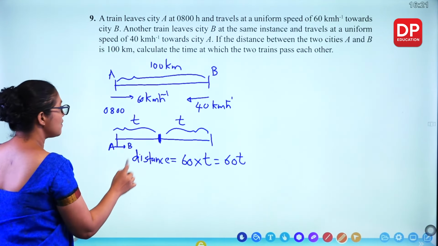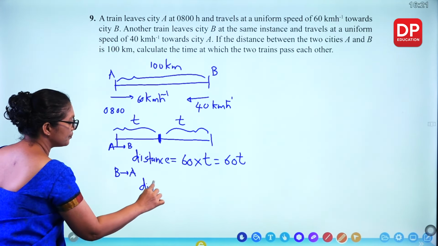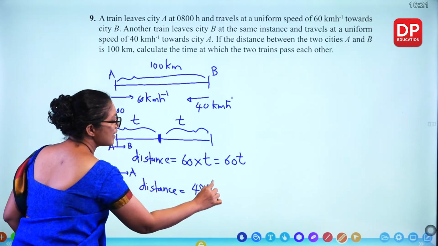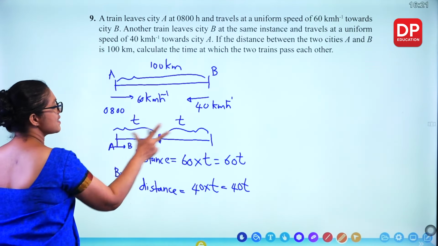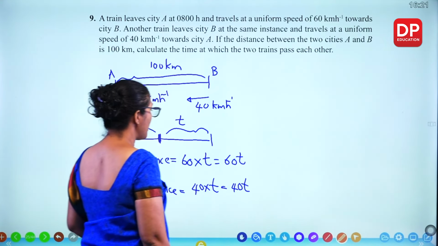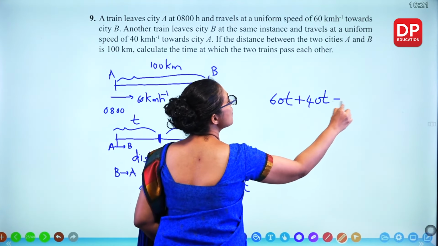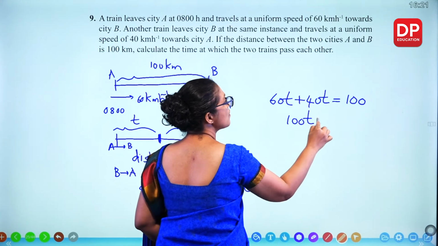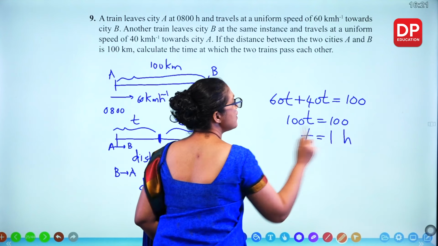What's the distance traveled by the other train, B to A? Speed is 40 and time taken T hours, 40T. We know the total distance is 100 kilometers. So we can form an equation. 60T plus 40T is equal to 100 kilometers. 60 plus 40, 100T equals 100. T equals, divide by 100, you get 1 hour.